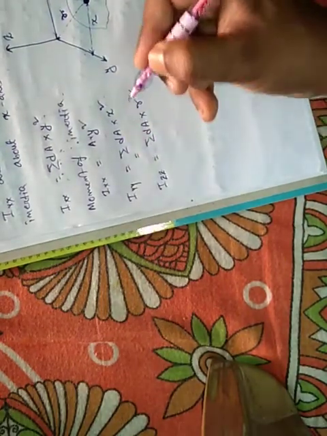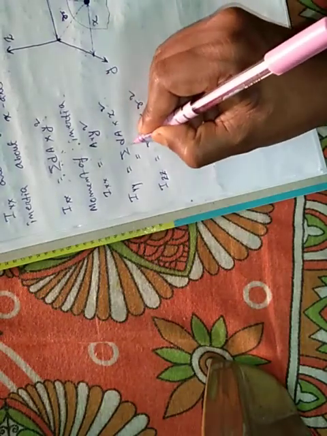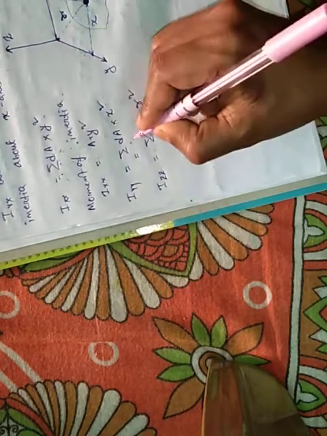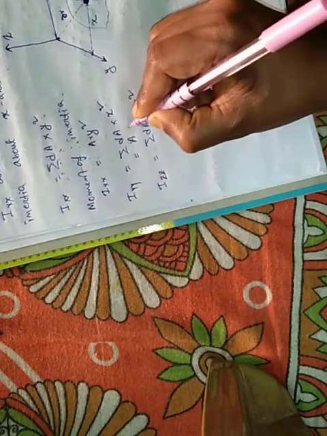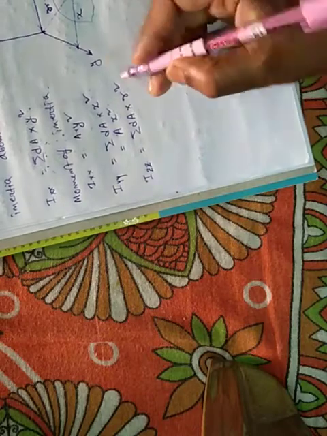So it can be written for the total lamina of area A, if I consider the whole lamina, as A into x square. Now what is r?